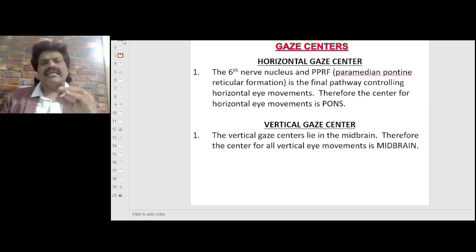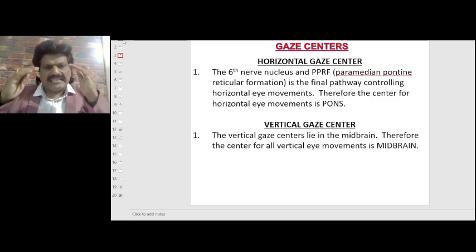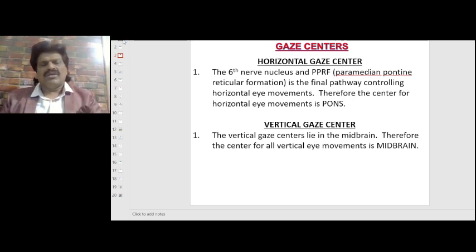Therefore, the center for all horizontal eye movements, be it saccades or pursuit, is the pons. The vertical gaze center lies in the midbrain. Therefore, the center for all vertical eye movements, whether up gaze or down gaze, is the midbrain. Very important concepts. The center for all horizontal eye movements is the pons. The center for all vertical eye movements is the midbrain.